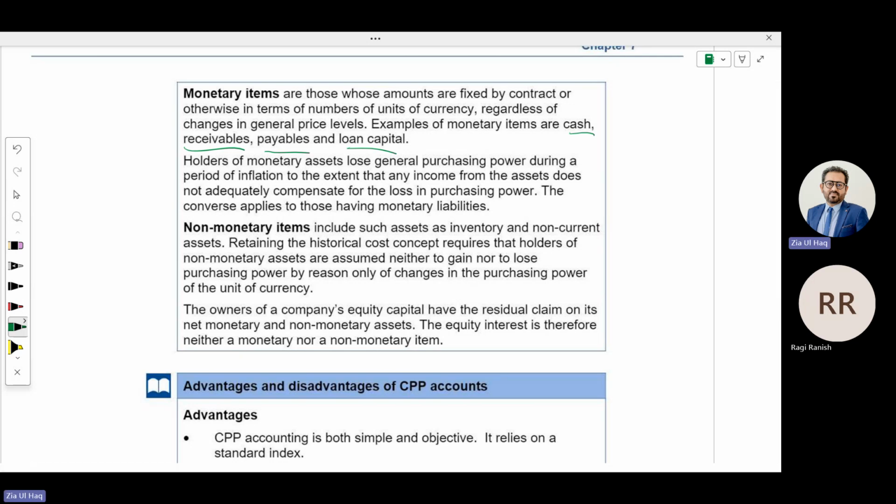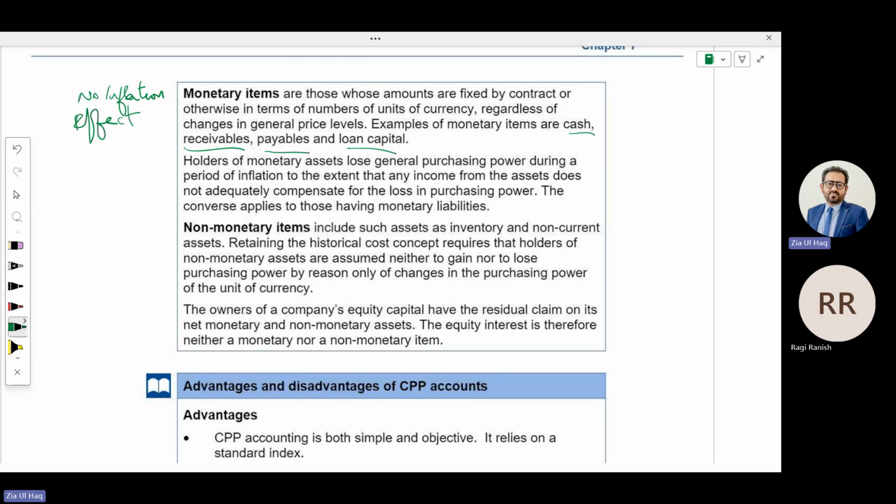So on monetary values, we do not apply the inflation effect. No inflation effect on monetary values like receivables, cash, payables, and loans, meaning long-term liabilities. Because the customer will pay the same amount, and we will pay the same amount to the bank.